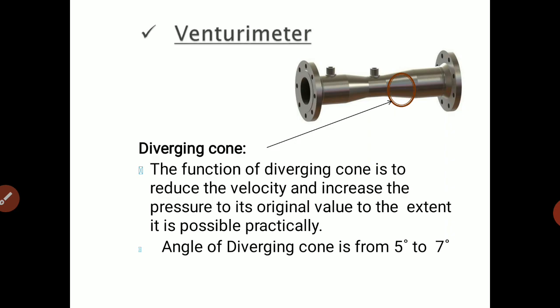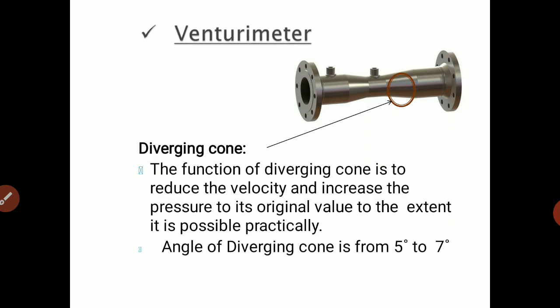Water passes through the throat and its velocity is more since the area of the throat is less. Just remember, whenever there is a lesser area, velocity will be more, and wherever there is lesser velocity, there will be more area.